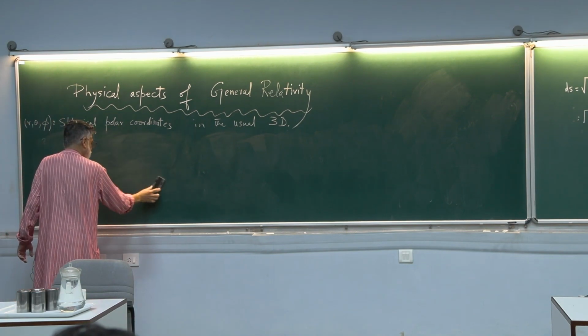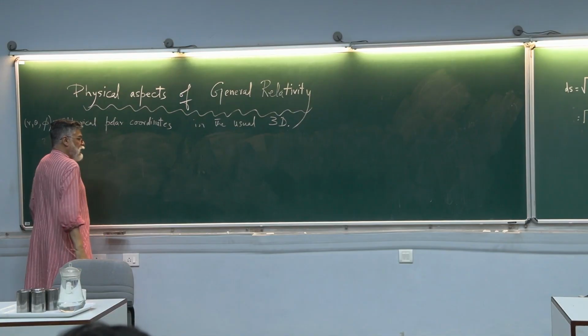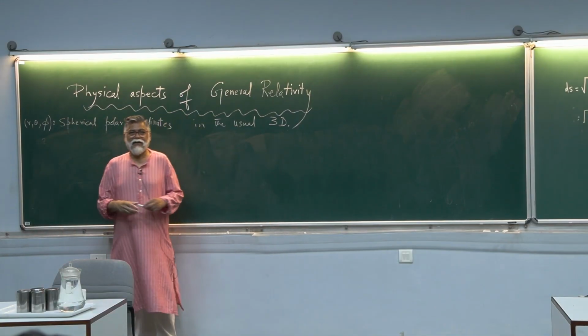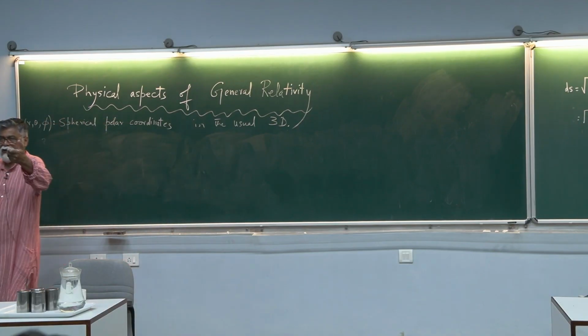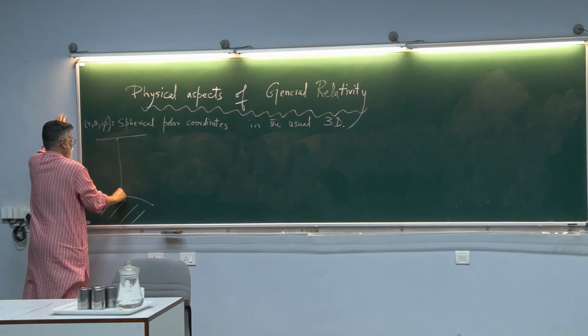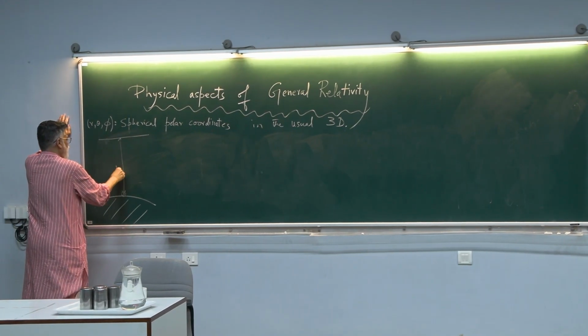So what I am going to say is related to the Pound-Rebka experiment, which showed that indeed what Einstein was telling about gravitational redshift, they actually did the measurement and showed it. So what I am saying is very simple. Supposing I have a weak gravitating source, you can think of Earth, and on the surface there is a clock ticking, and then at some height there's another clock.